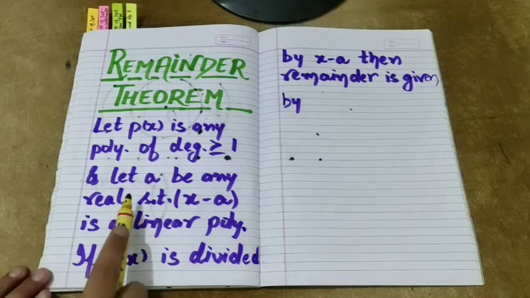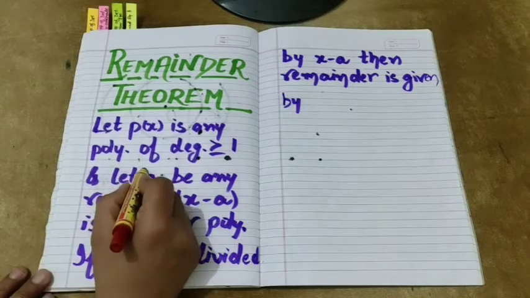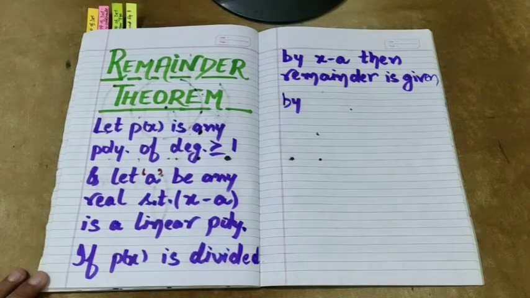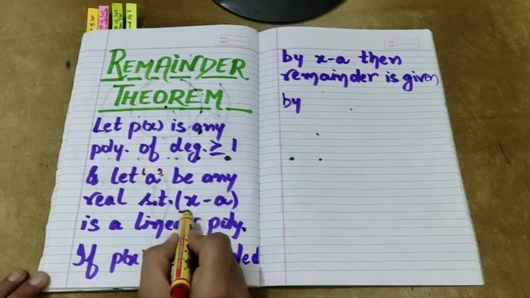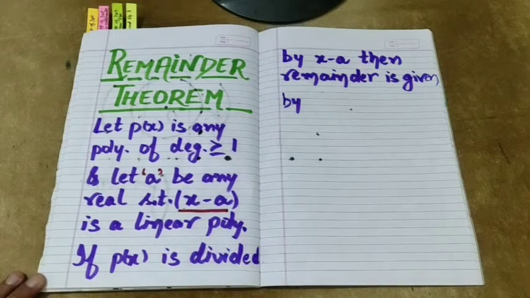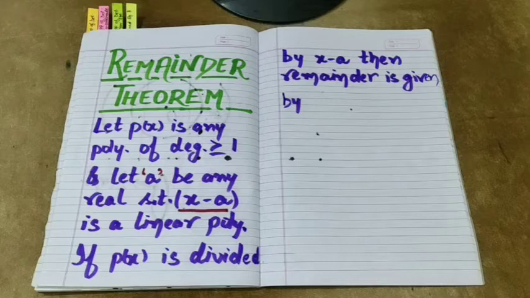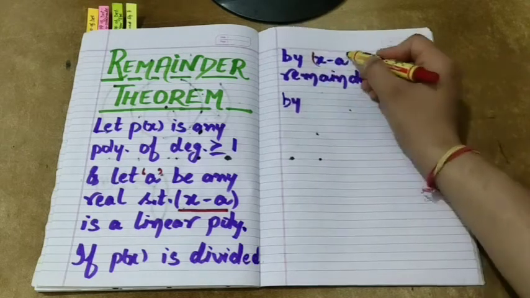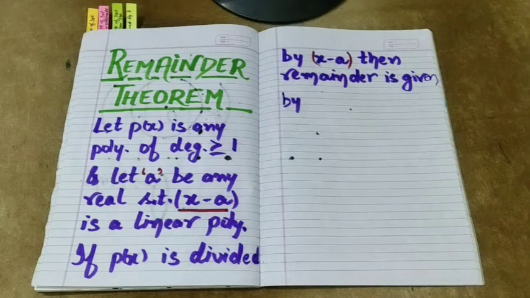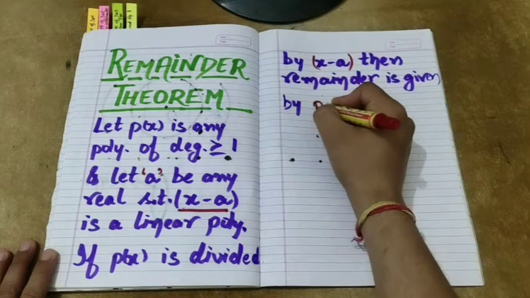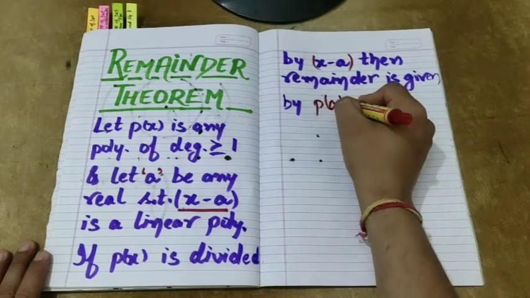And let a be any real number, such that x minus a is a linear polynomial. If we divide the given polynomial p(x) by the linear polynomial x minus a, then according to the remainder theorem, the remainder is given by p(a).